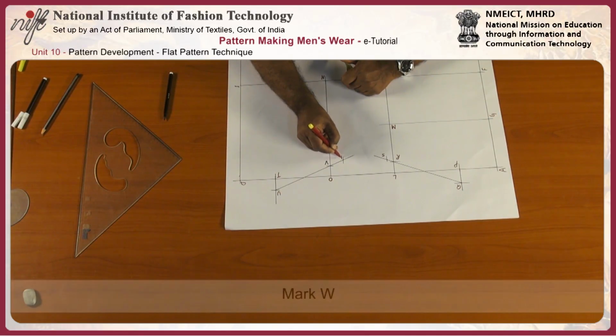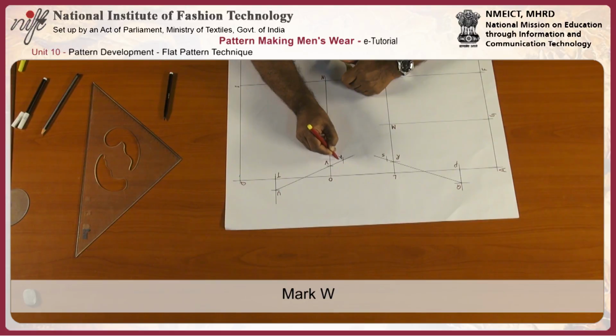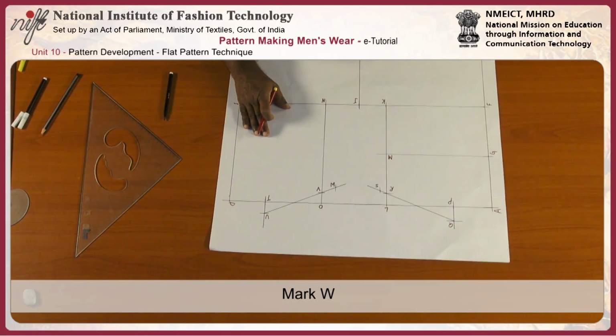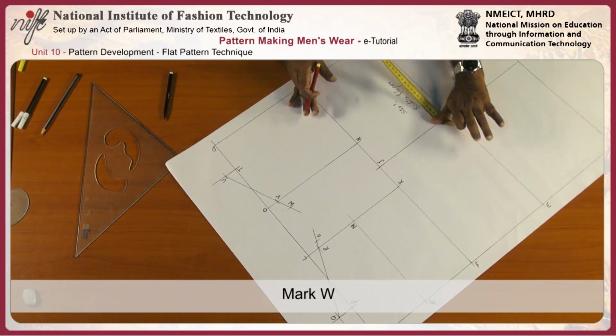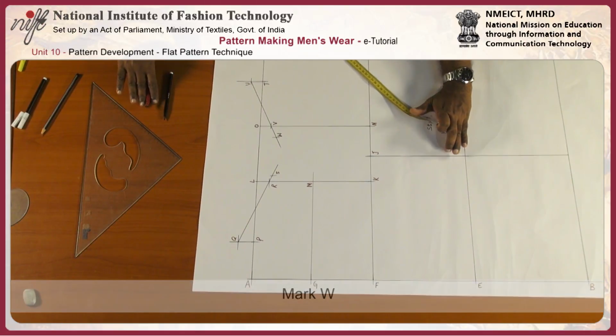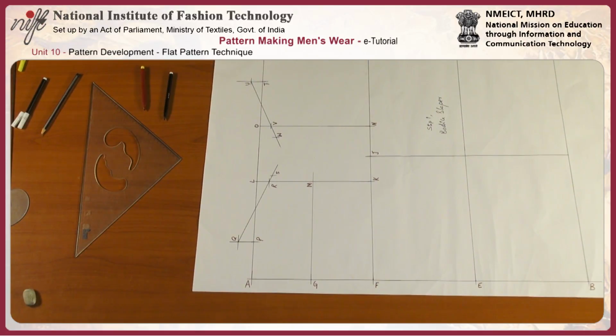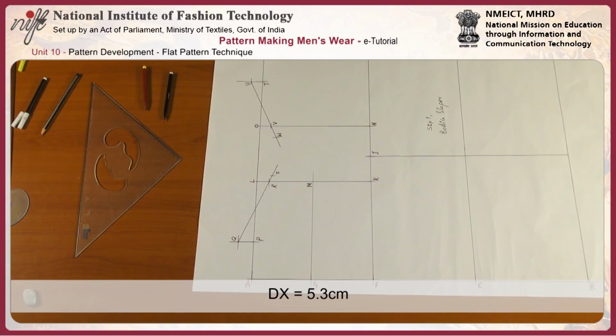This will be W, UVW. Now point X from point D will be 5.3 centimeter.